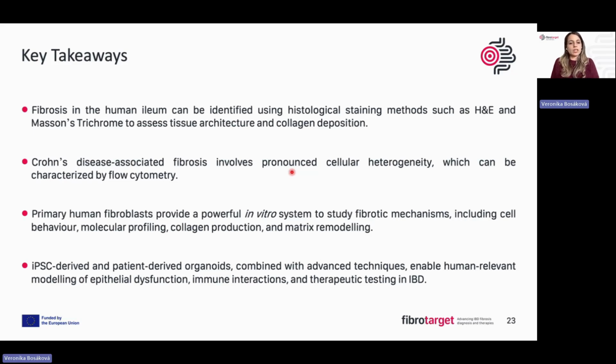That Crohn's disease-associated fibrosis involves different cell types, and there is a pronounced cellular heterogeneity, which can be characterized by flow cytometry. And then in the later part, we showed you different in vitro systems, how we can study fibrosis development and how we can test different therapeutic strategies.